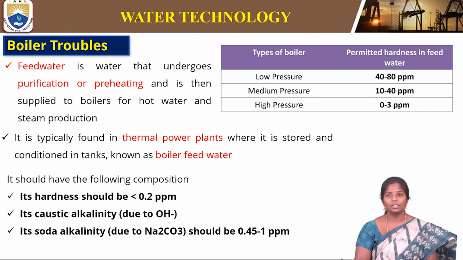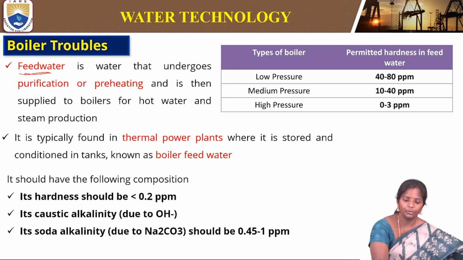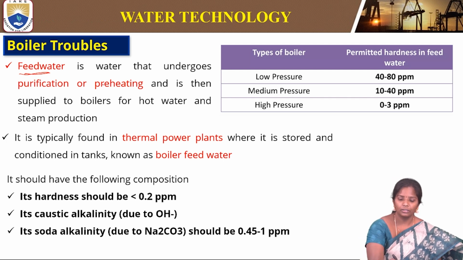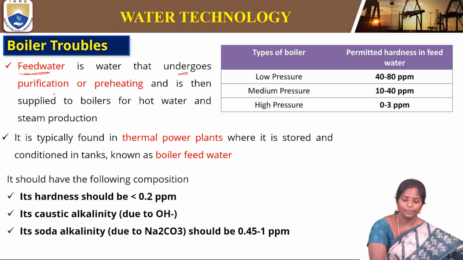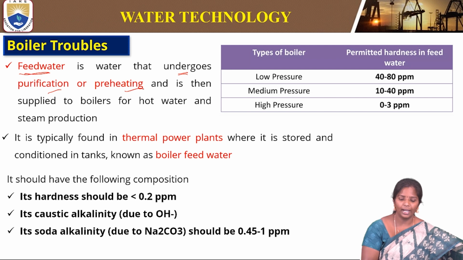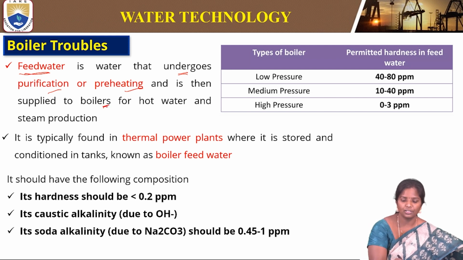So what are the troubles that we will be facing? Boiler troubles during our applications in engineering. Generally, feed water is water that undergoes purification or preheating and is then supplied to boilers for hot water and steam production.